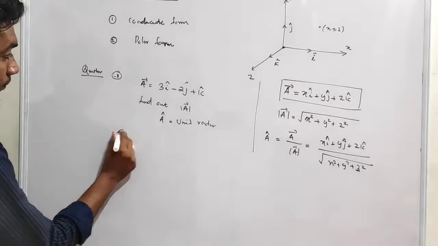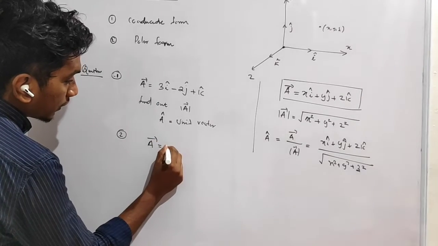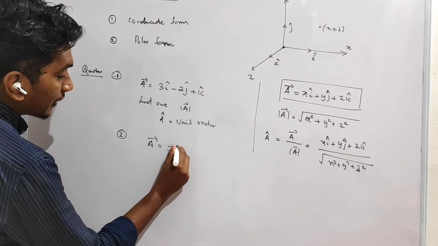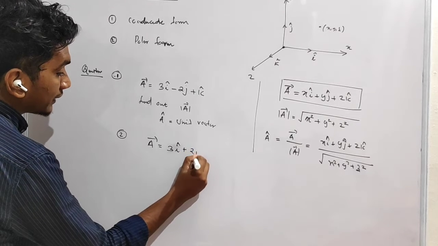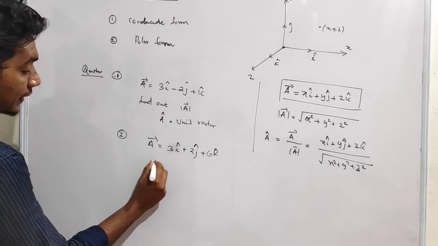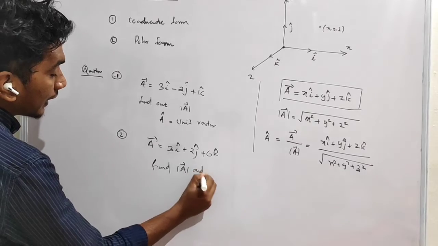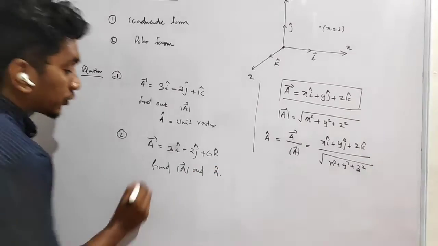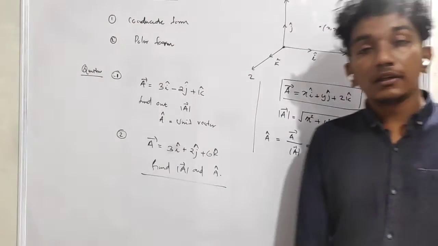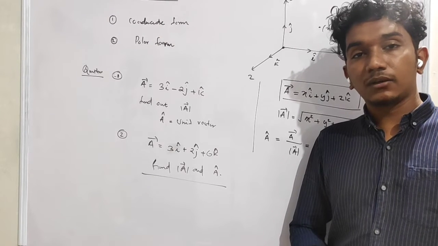And question number 2. Vector A is equal to 3i cap plus 2j cap plus 6k cap. Again find modulus of vector A and A cap. Do both of the problems right now, and then I'll discuss them later.